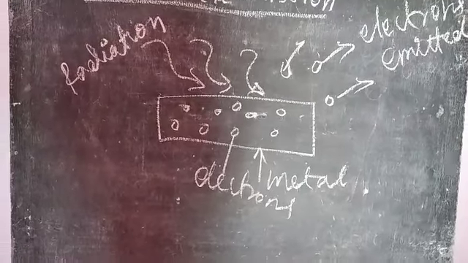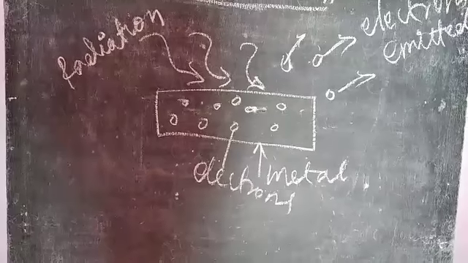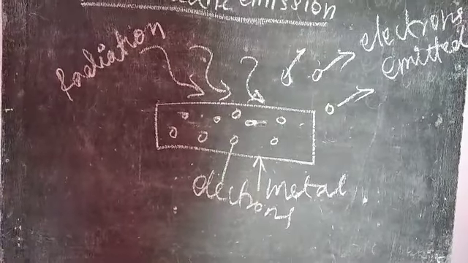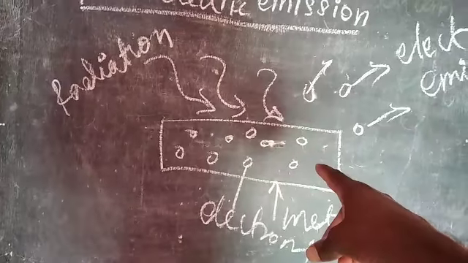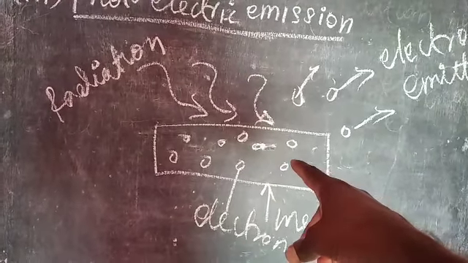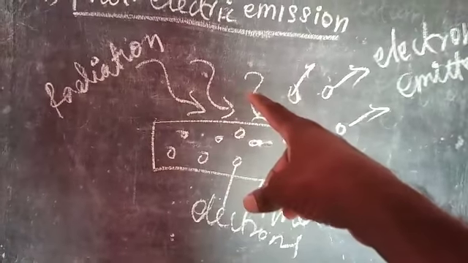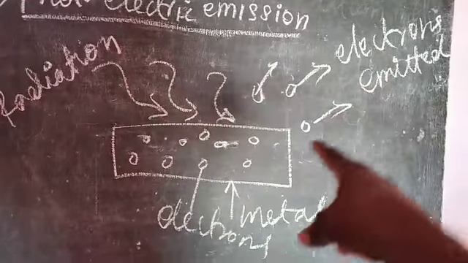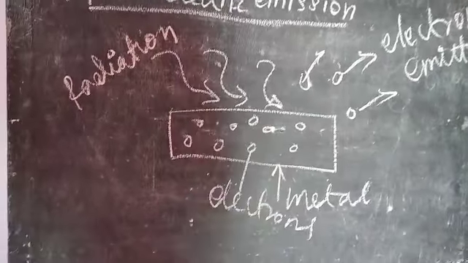These rays are called electromagnetic radiation. When this radiation of suitable frequency falls on the metal, the electrons get some amount of energy from the radiation and are emitted from the metal surface. This is called photoelectric emission.